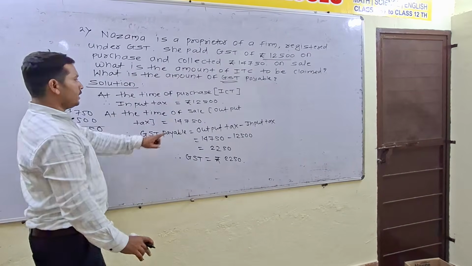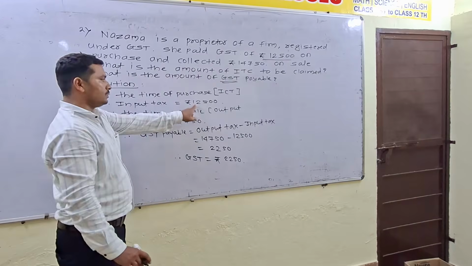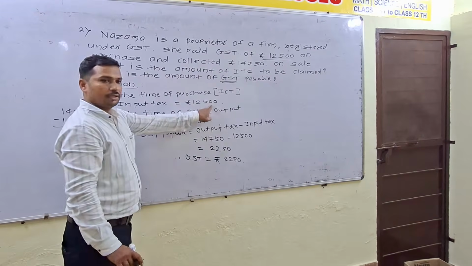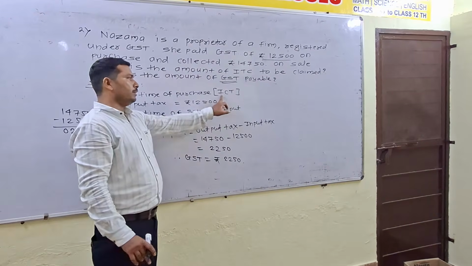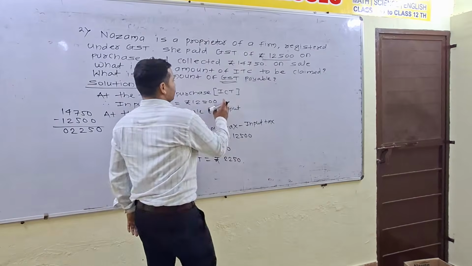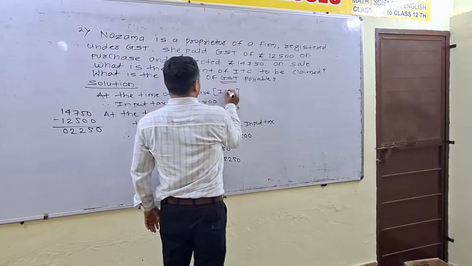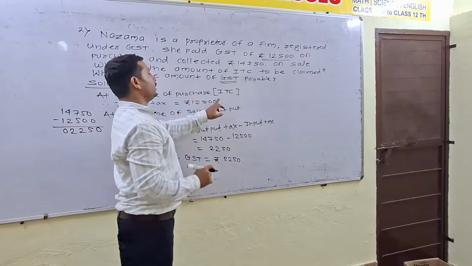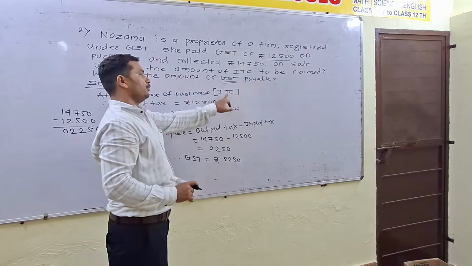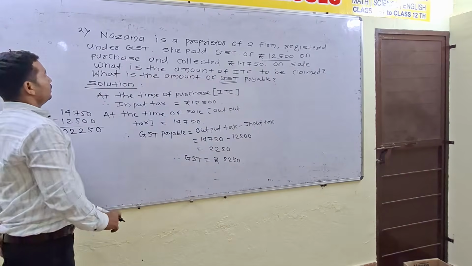And we also know that there is ITC. ITC means input tax credit, 12,500.